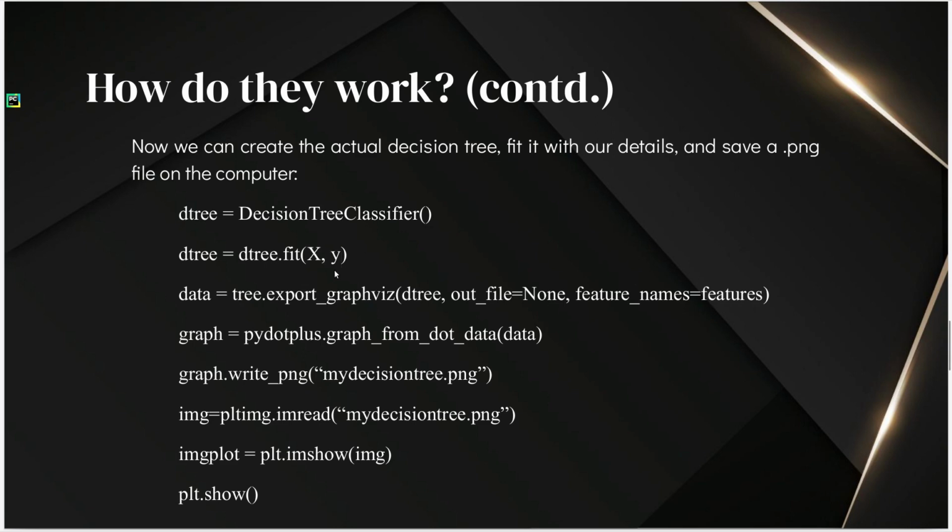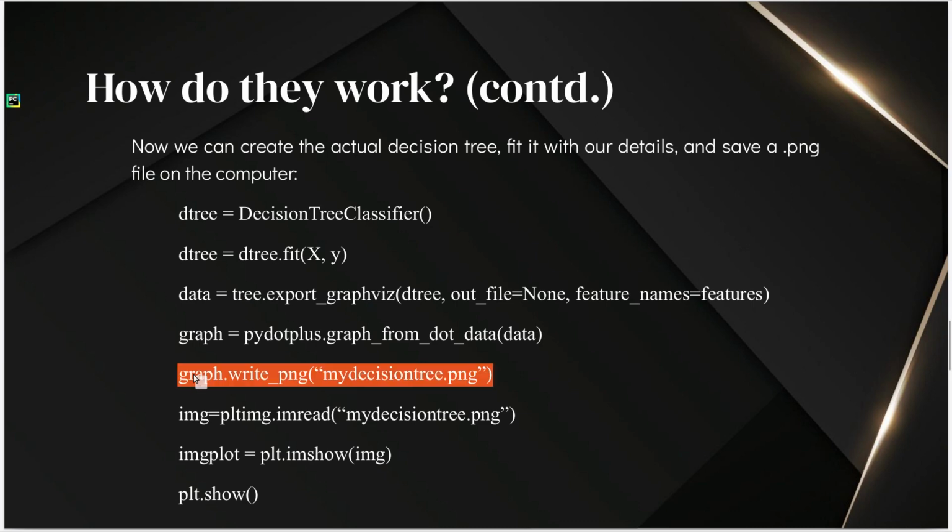And then we call data, which is tree.export_graphviz, with dtree, which is the decision tree we just created, out_file None, and feature_names, which is the names of the feature vector. Then using the pydotplus package, we create a graph from data and we pass a parameter data.